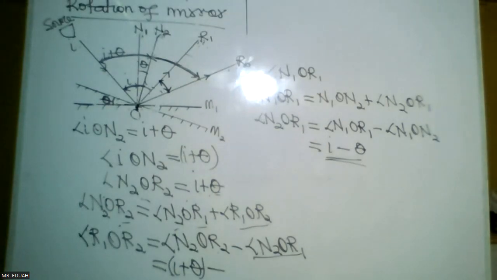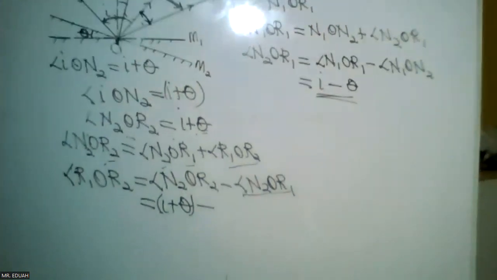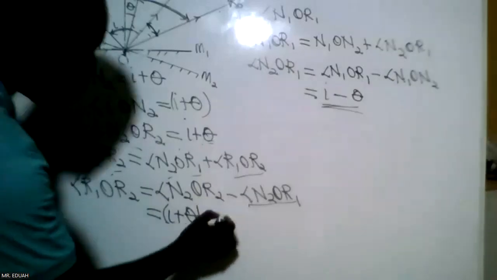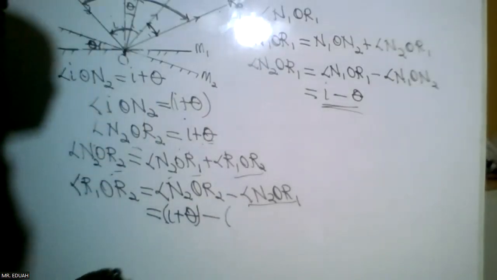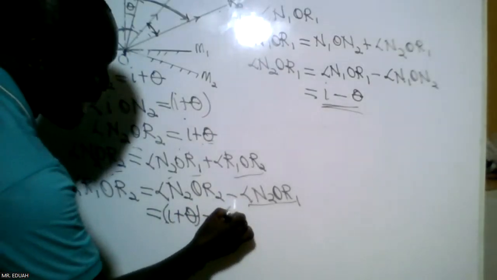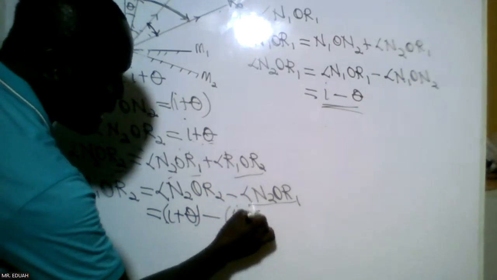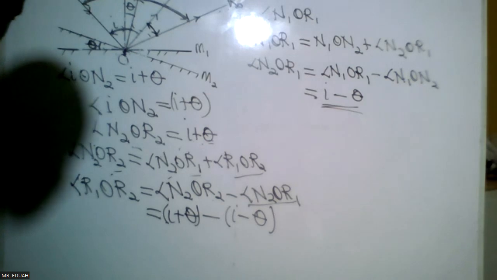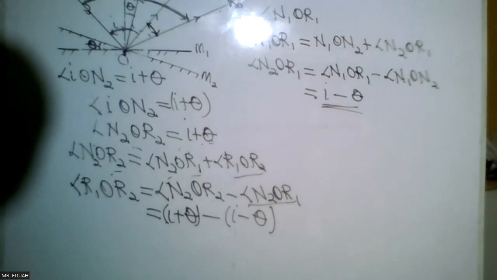Please, are we okay? Kenneth and Ko, are you okay? All right, so let's do the subtraction: minus i minus theta. Nanama and Ayoko, Obenewa, are you fine? Yes, up to where we have gotten to.